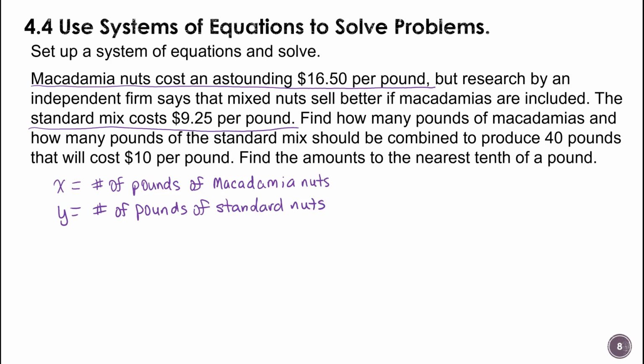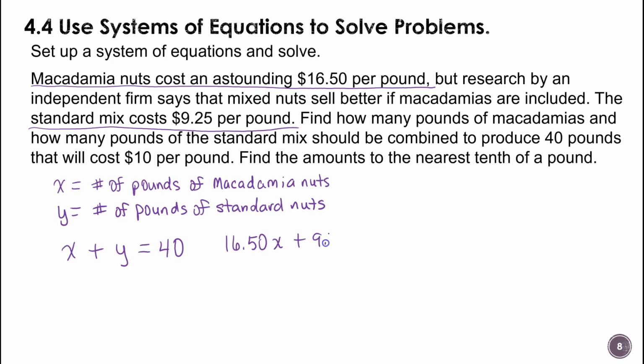All right, now we can set up our equations. One of the things we know is we want to end up with 40 pounds. So we want a certain number of macadamias plus a certain number of standard nuts to equal a total of 40 pounds. And then for the dollar amount one, we had $16.50 per pound, so that's times X, the number of pounds, not just 1 pound.